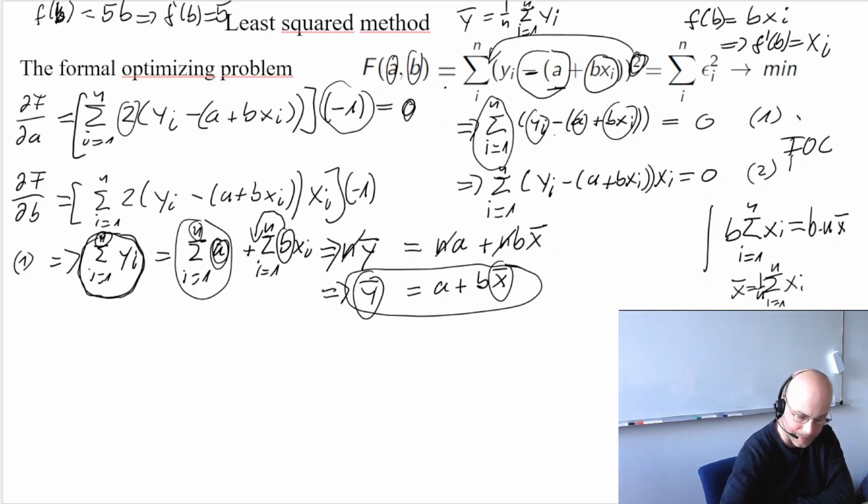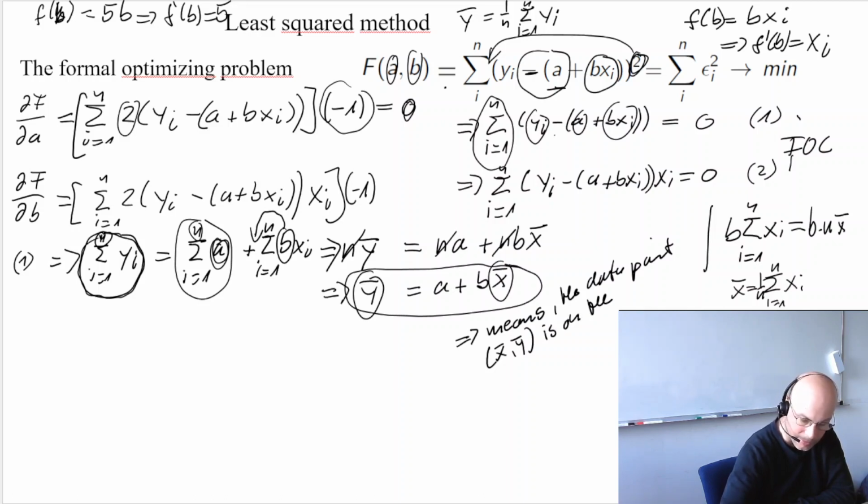So this means the data point x bar, y bar is on the optimal regression line.